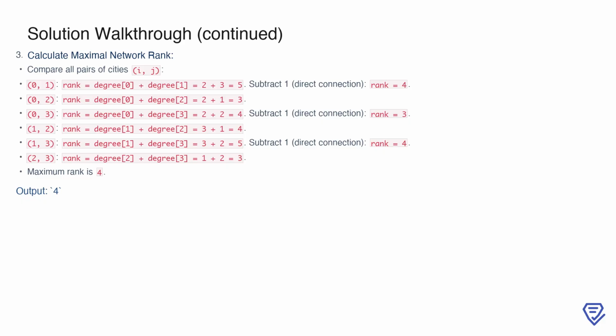We repeat this calculation for all pairs. For (0, 2), the rank is 3, as there is no direct connection. For (1, 3), the rank is 4, after subtracting 1 for the direct connection. After evaluating all pairs, the highest rank we find is 4. This becomes our result for this example.